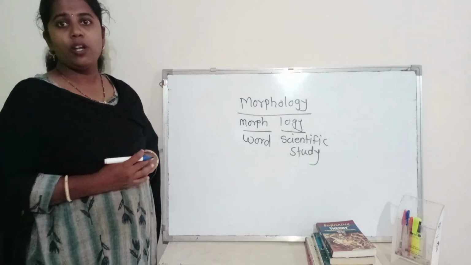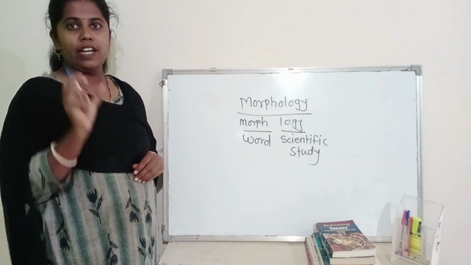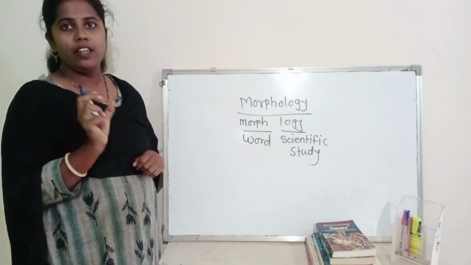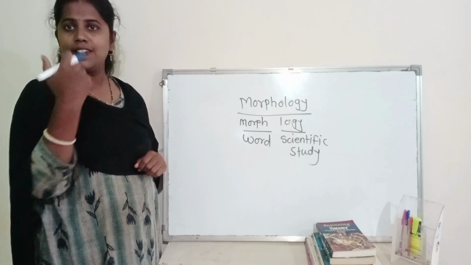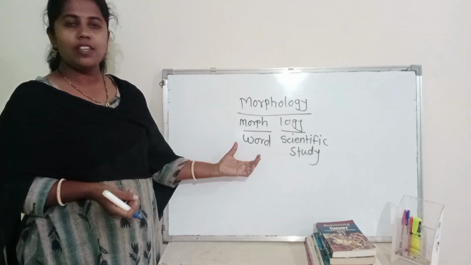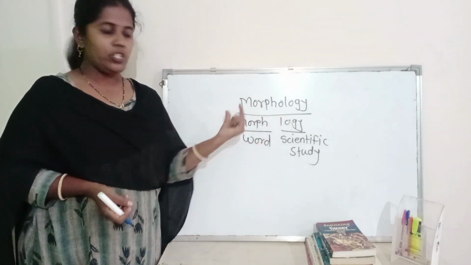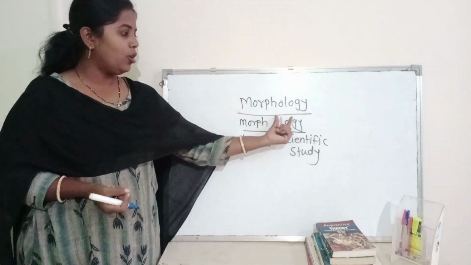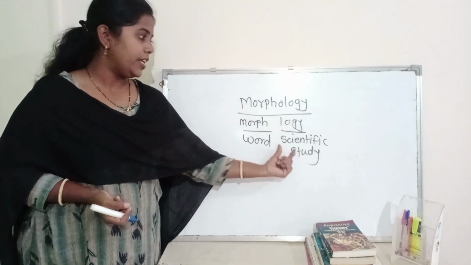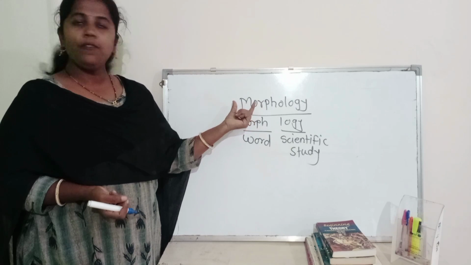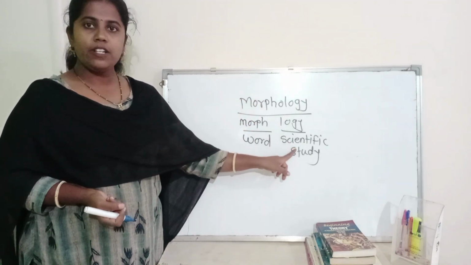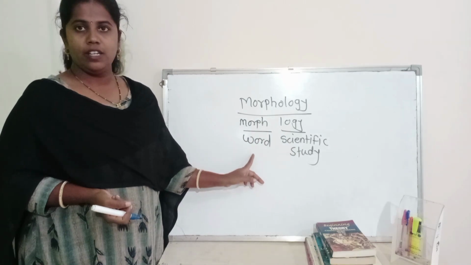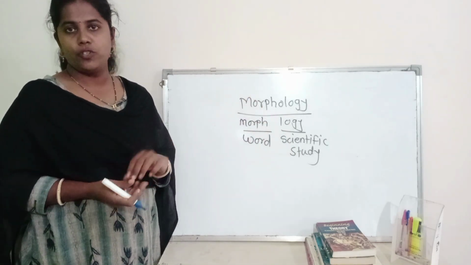As you know, in biology, logy is scientific study and bio means living things. The scientific study of living things is biology. The same thing is here in morphology. Morph means word and logy means scientific study. So we can define this word morphology as the scientific study of word. It is nothing but morphology.